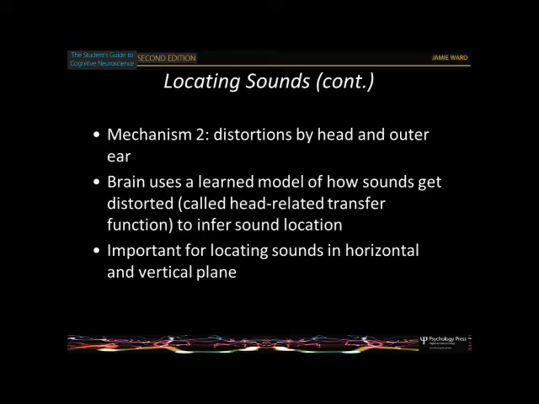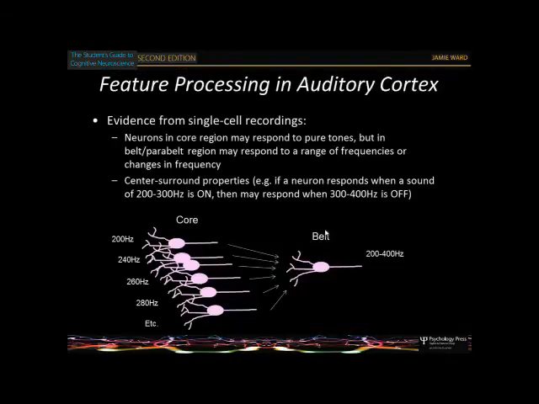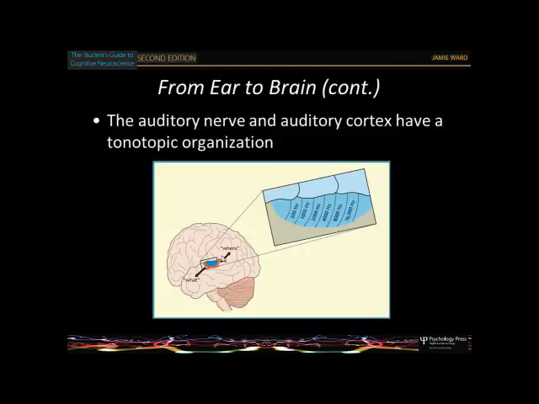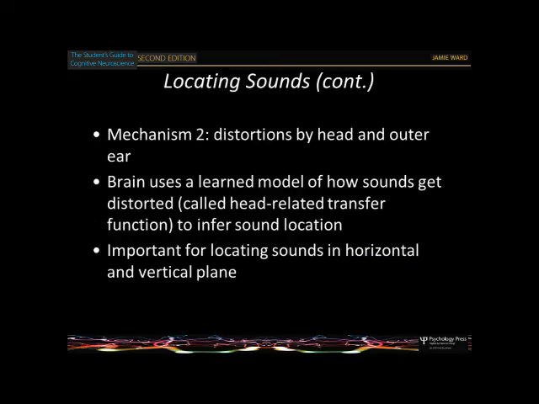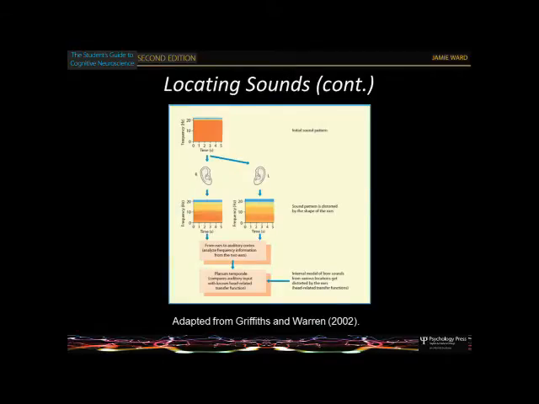And this can be used both for detecting things up and down and for left and right. This is often what's called a head-related transfer function. The idea is that it's in this region here that's implicated, and that you effectively figure out where things are by doing that.